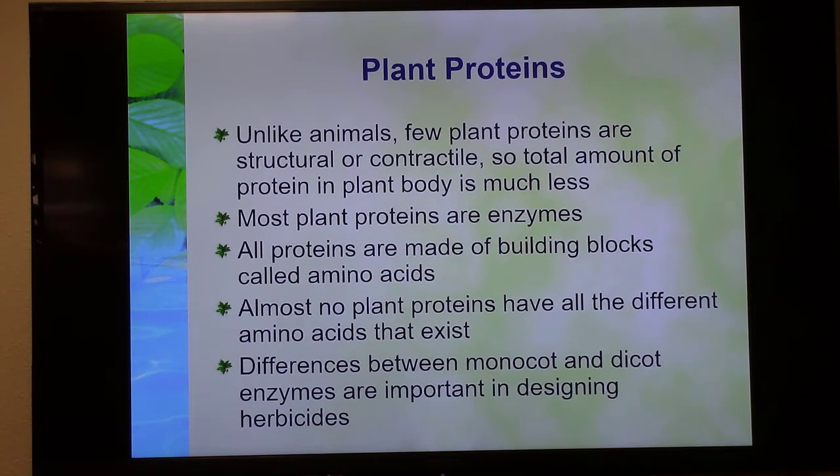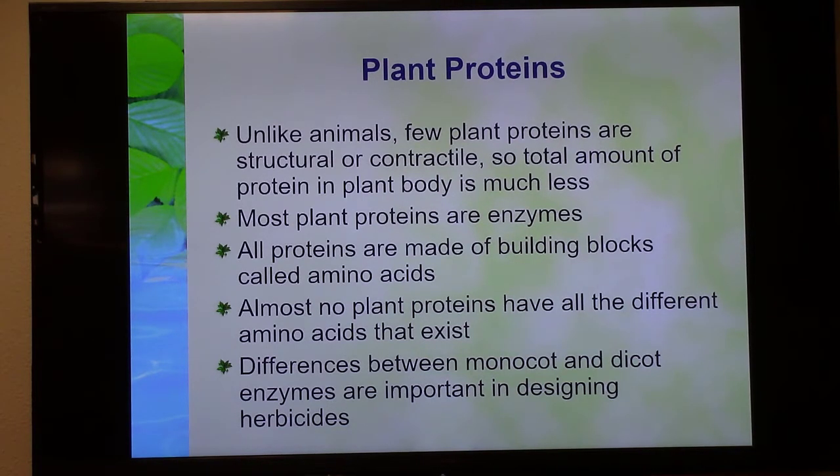Well, now plants have no muscles. So the main thing that a plant protein is, is an enzyme, something that makes chemical reactions happen better. So if you're trying to represent what percentage of the body of an organism is protein, in an animal the percentage is going to be real high because of all that muscle.